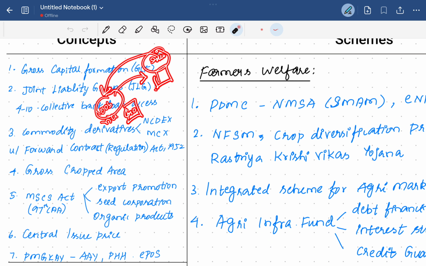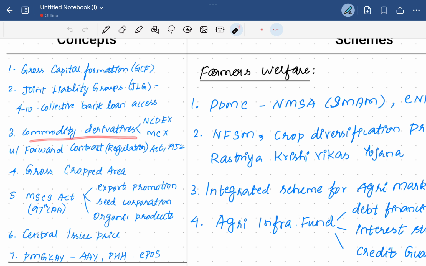Then you give this receipt and exchange it for future contracts, for exchanging the goods for some money.